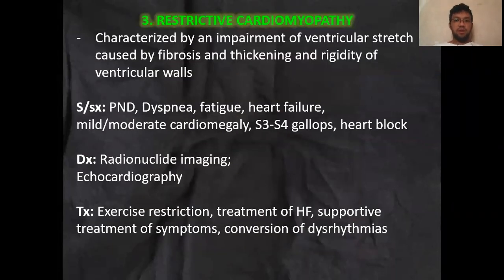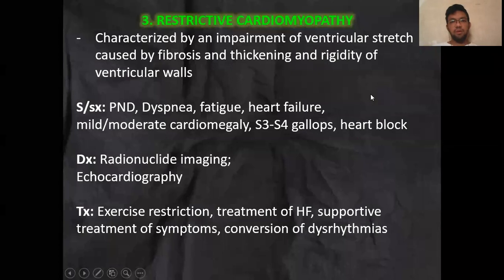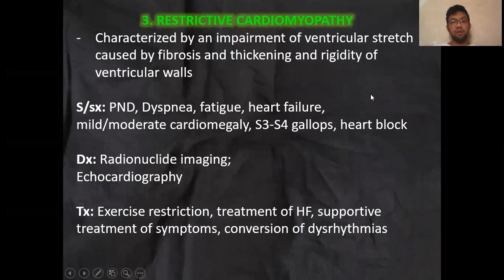So next is the restrictive cardiomyopathy. It's characterized by an impairment of ventricular stretch caused by fibrosis and thickening and rigidity of the ventricular walls. Signs and symptoms here include the following: paroxysmal nocturnal dyspnea can occur.